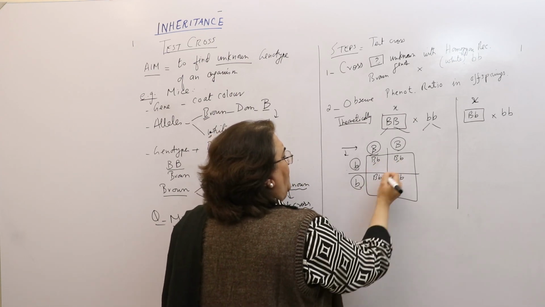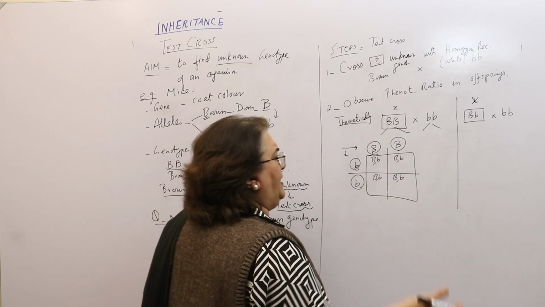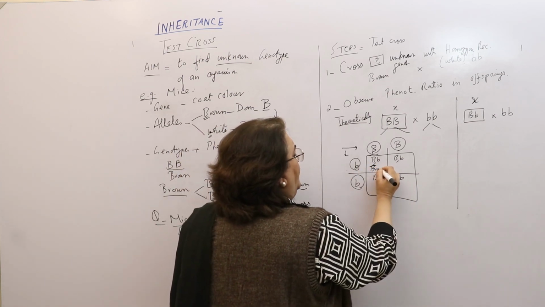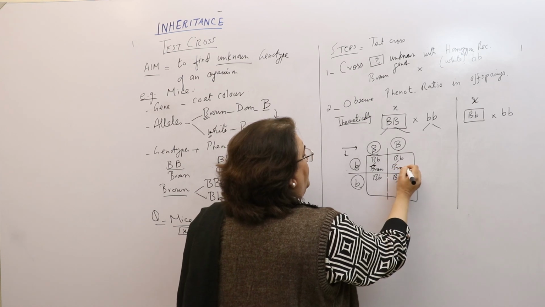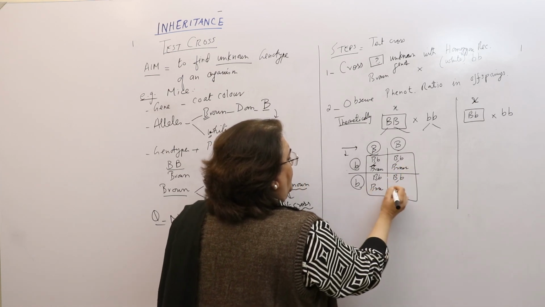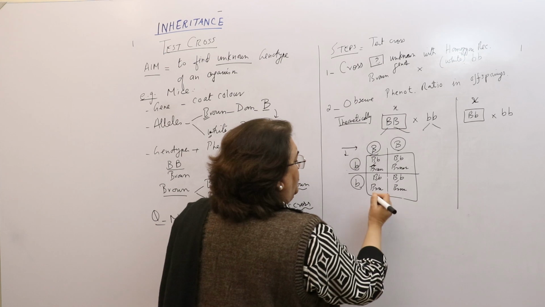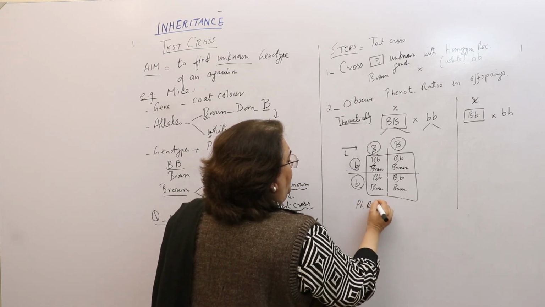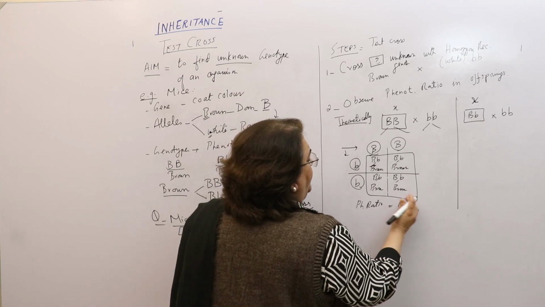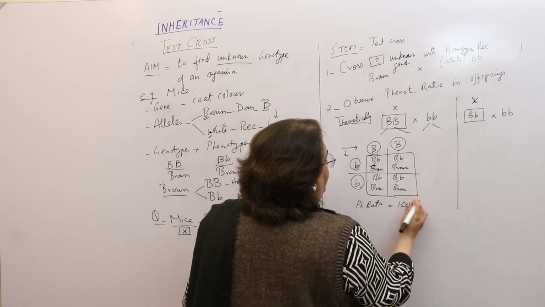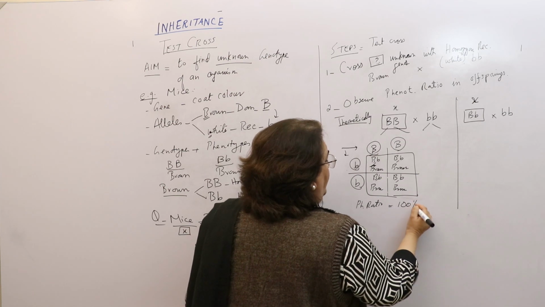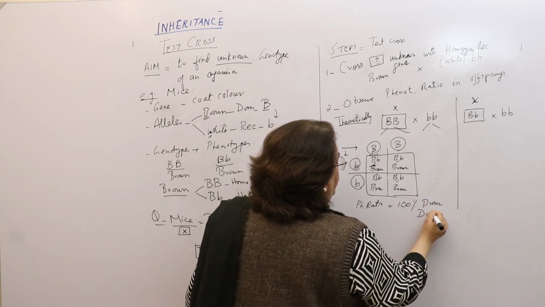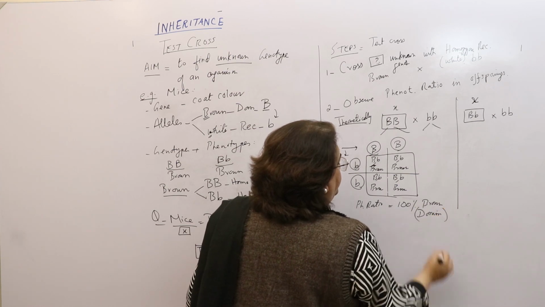Now, wherever you have the capital B, the dominant trait would be there. That means all of them would have the brown coat color. So what is the phenotype ratio? It will be 100%, right? The offspring would be 100% brown, or 100% will be showing the dominant trait.